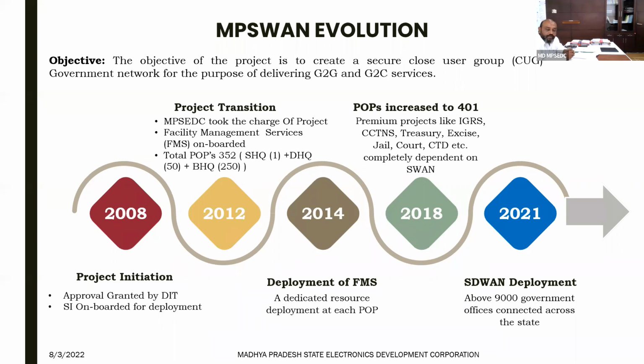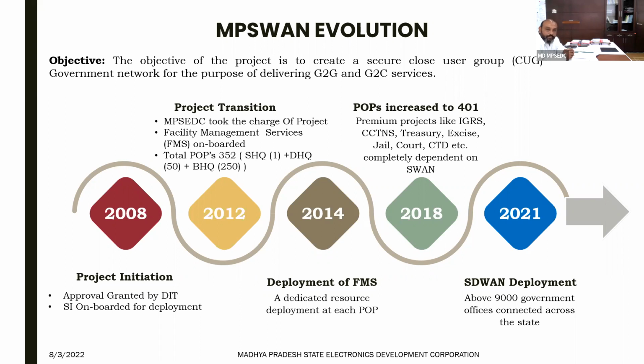In 2018, we increased from 352 to 401 POPs across the state. In 2018, we covered the entire state. All the districts and the blocks were connected over the SWAN network.